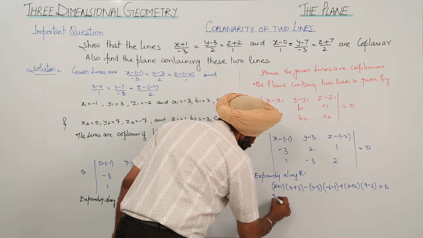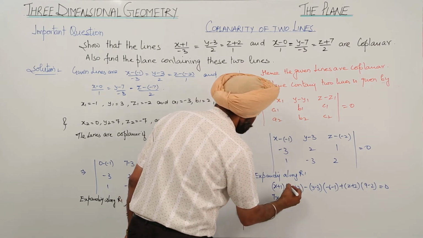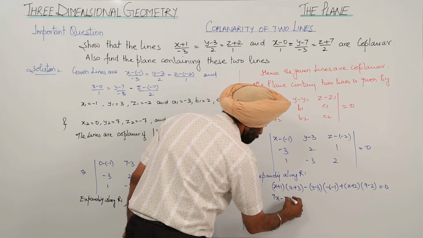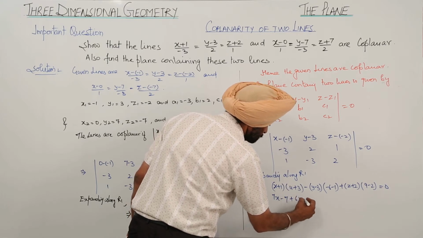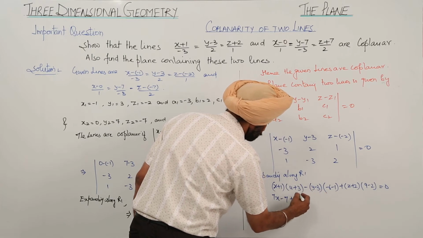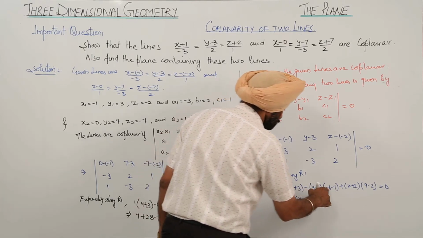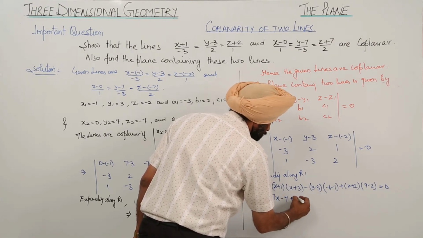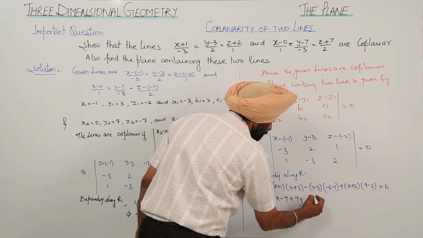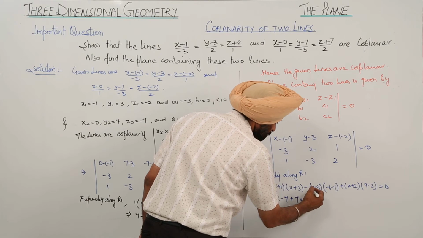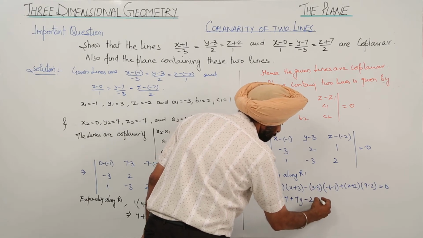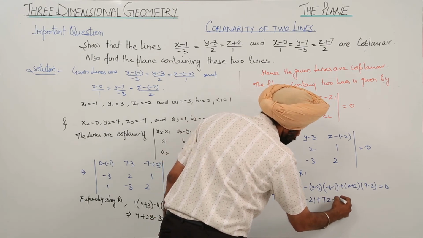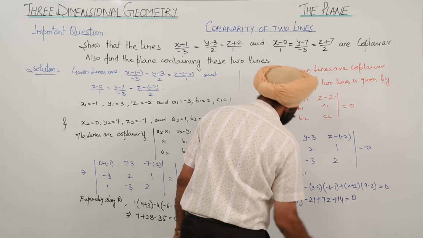Now 7x minus 7 plus 6y, okay, I am sorry, it is negative of 7, so this is plus 7y and minus 21 plus 7z and plus 14 is equal to 0.